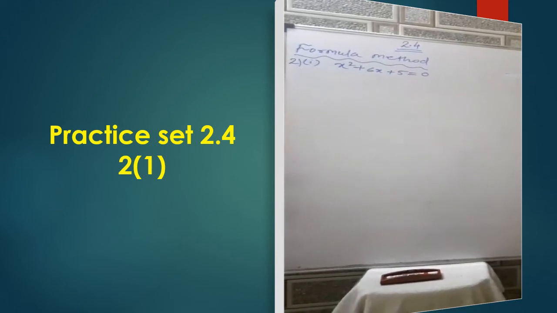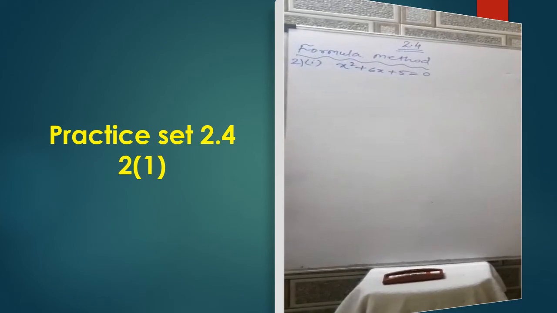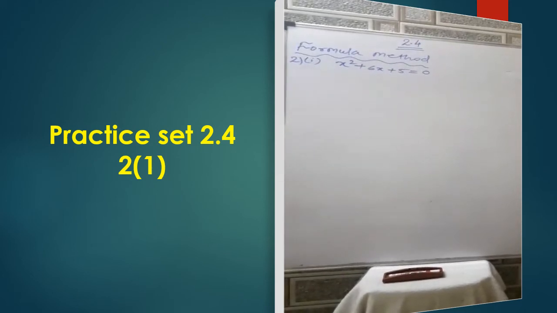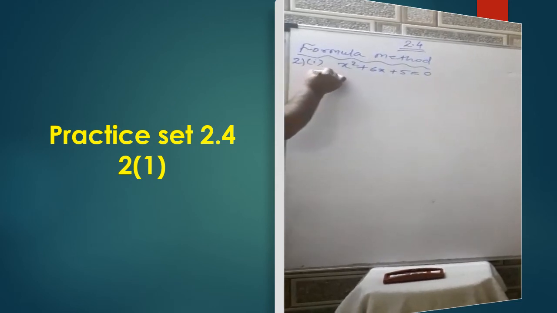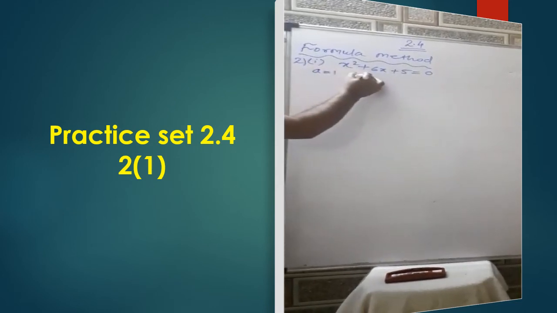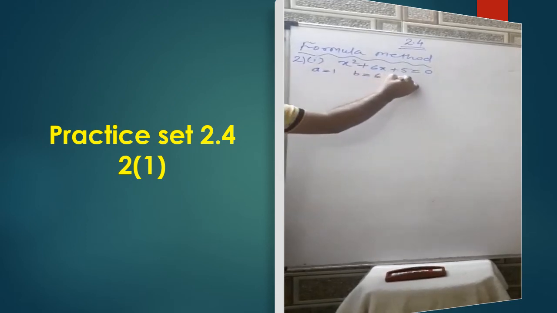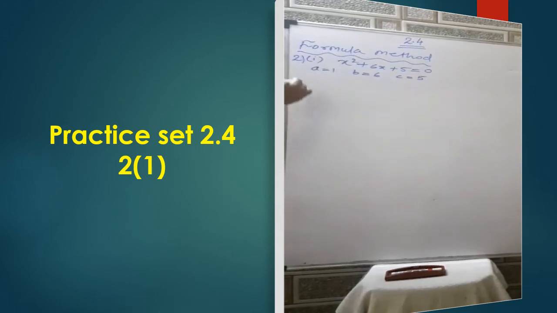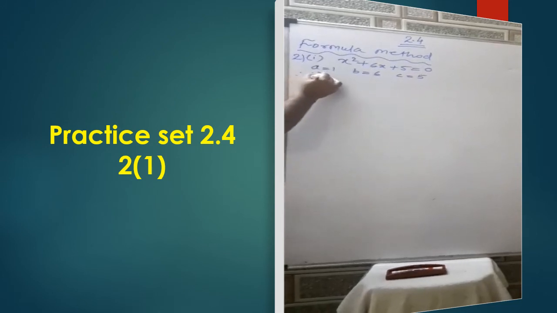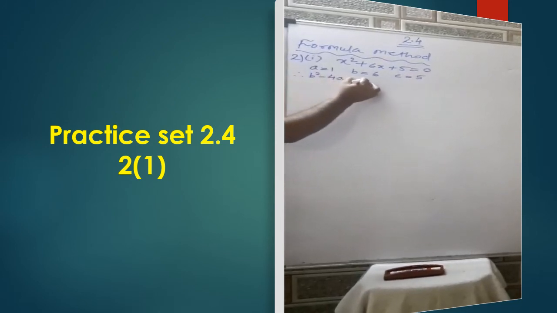That is important now. So first we write down the value of a, b and c. What is the value of a? 1. Value of b? 6. Value of c? 5. Now we find the value of b square minus 4ac.